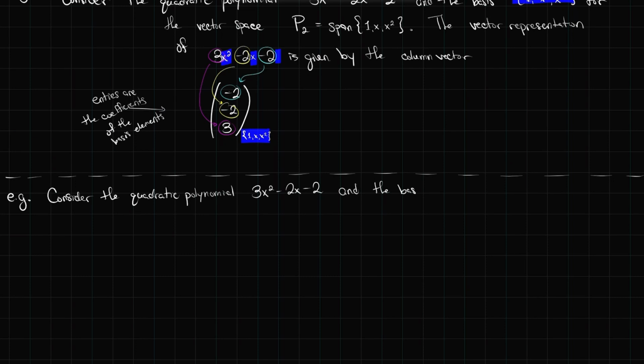And the basis will now be x squared plus 1, negative 2x minus 1, and x. So we've modified the basis for the vector space P2. So it's the same vector space as before, but we've modified our basis. We're going to gain a new vector representation.